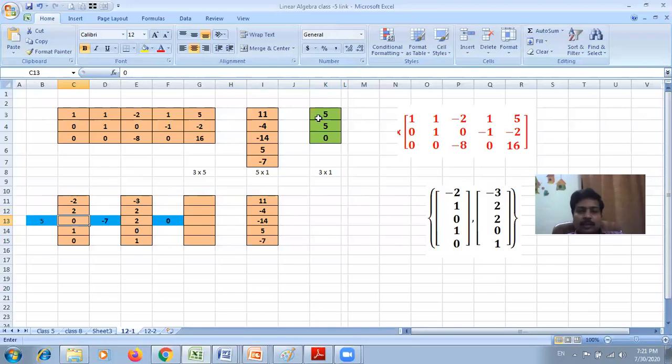You can observe that this is not a zero vector. So other than this vector, I can't use other vectors to form a basis for null A.